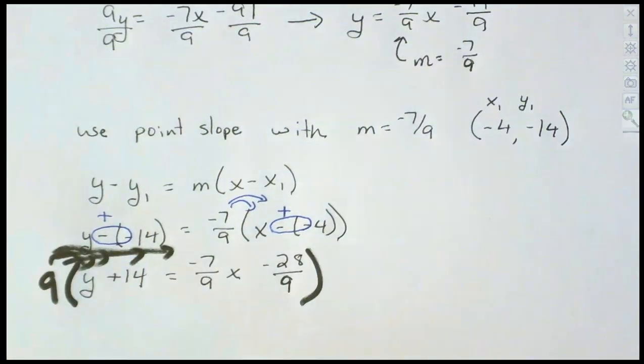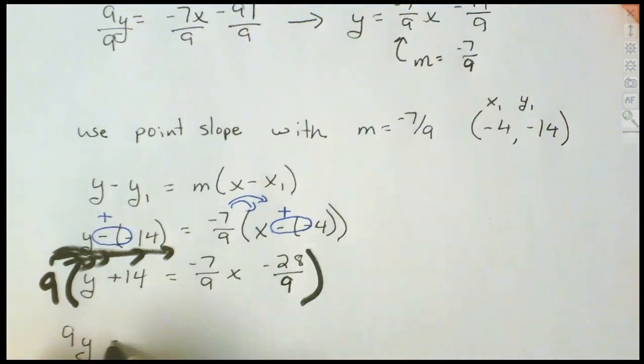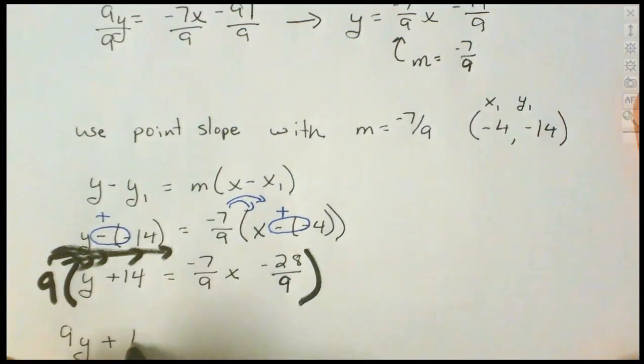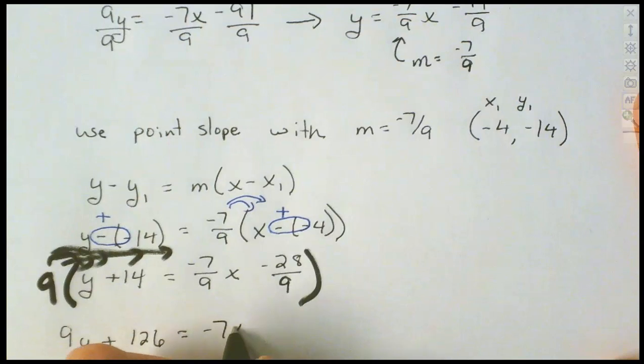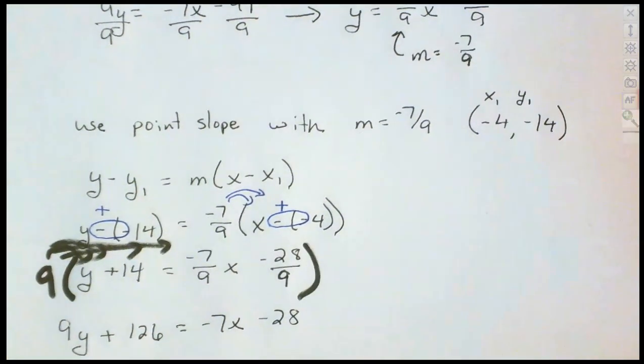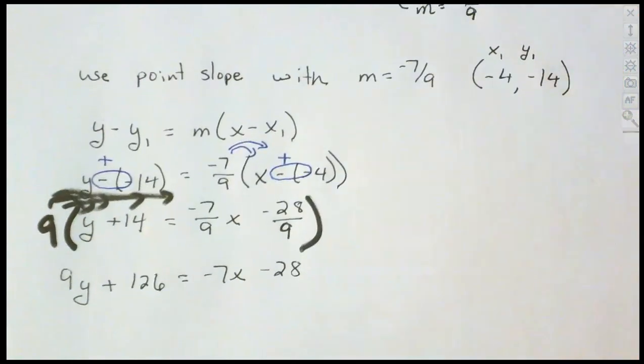And that leaves me then with, when we distribute through, 9y plus, we've got 14 times 9 here, which is then a 126. That equals now negative 7x minus 28. Almost done.